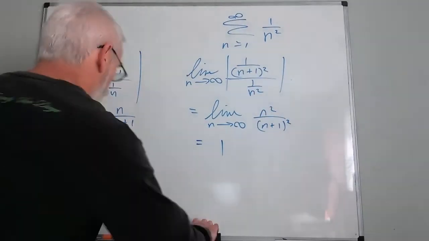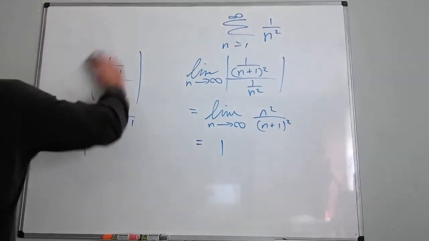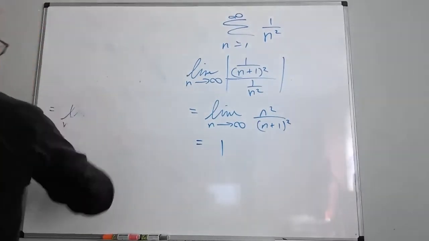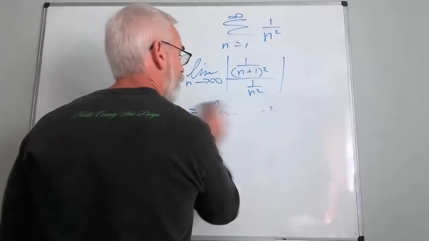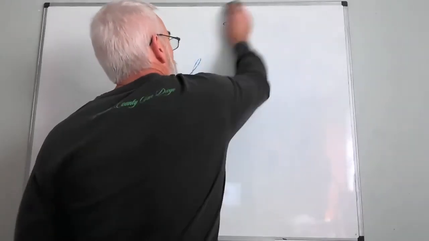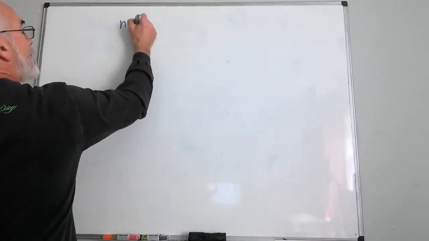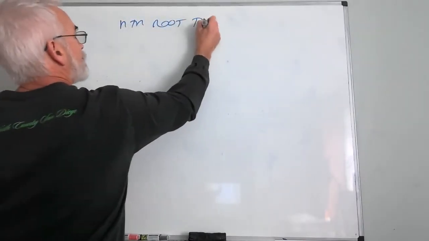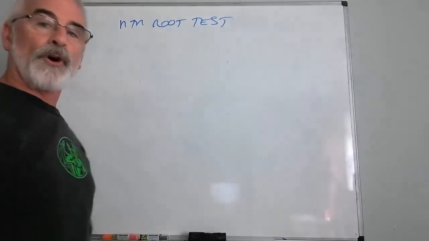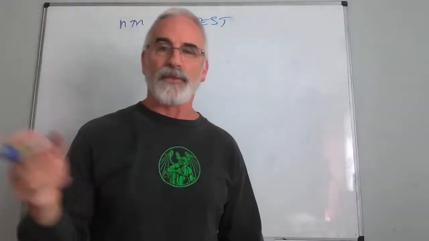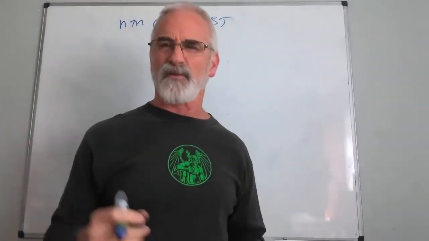Okay. So I said there were 2 tests today. Then there's another one, and it's called the nth root test, or sometimes people just call it the root test. The nth root part's kind of redundant, but that's the formal name.